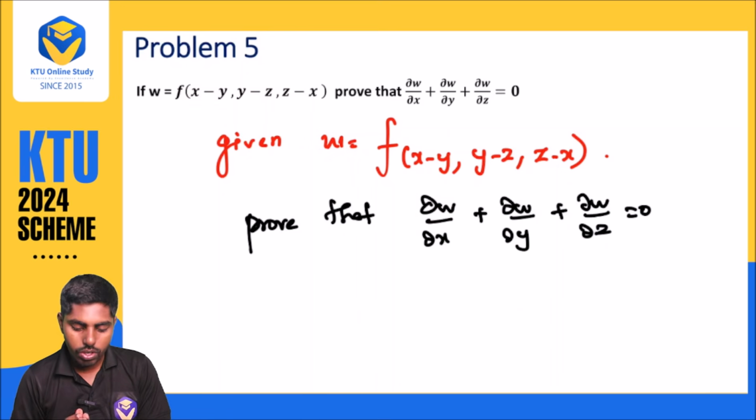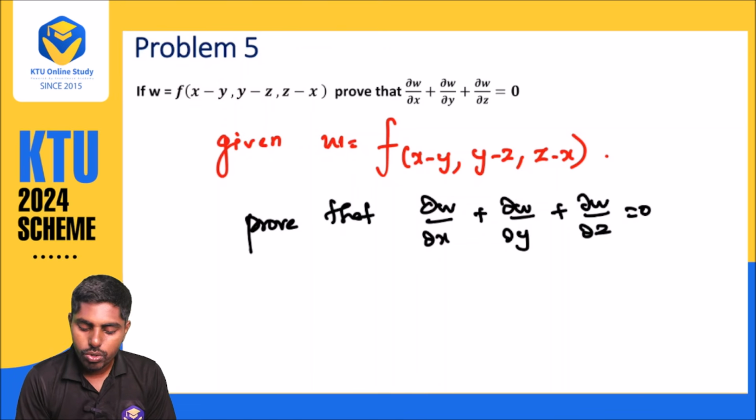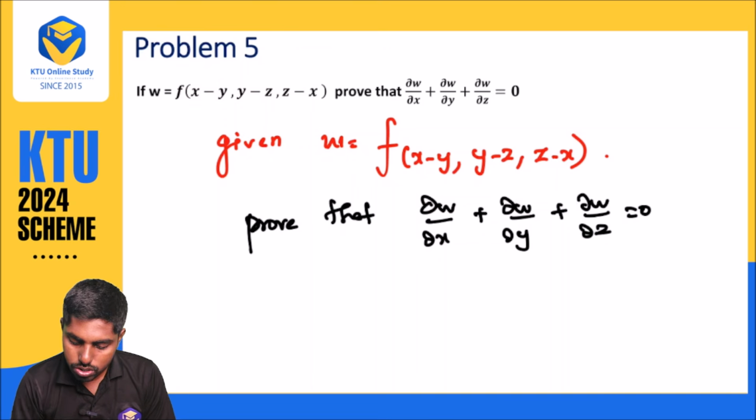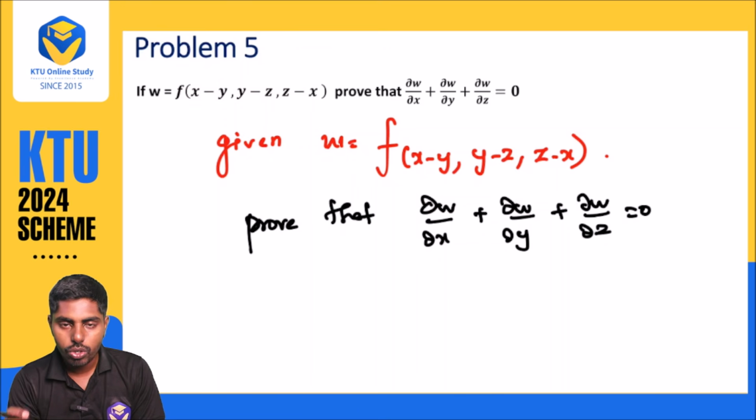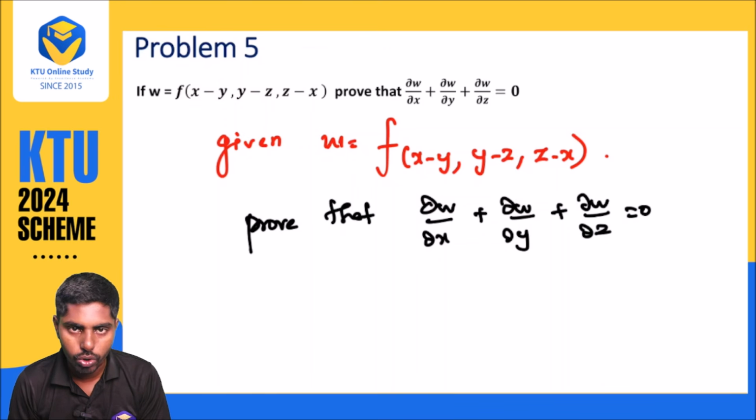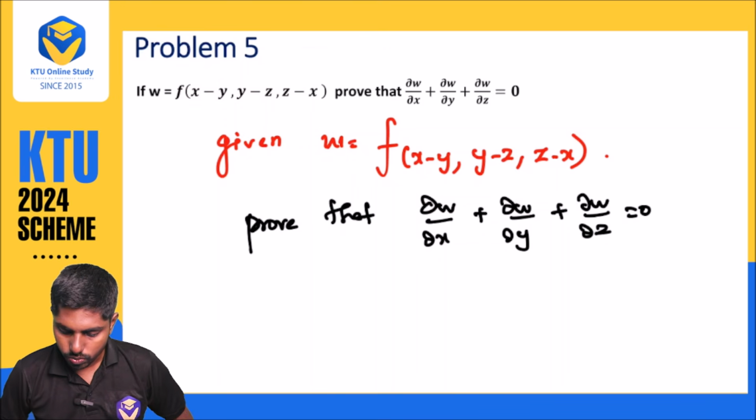This is the condition we want to prove. So there are two things they have given: w is equal to f of x minus y, y minus z and z minus x, and a condition we want to prove, that ∂w/∂x plus ∂w/∂y plus ∂w/∂z is equal to 0. These are the things we want to prove. Okay. See, if you observe the question, what have they given?